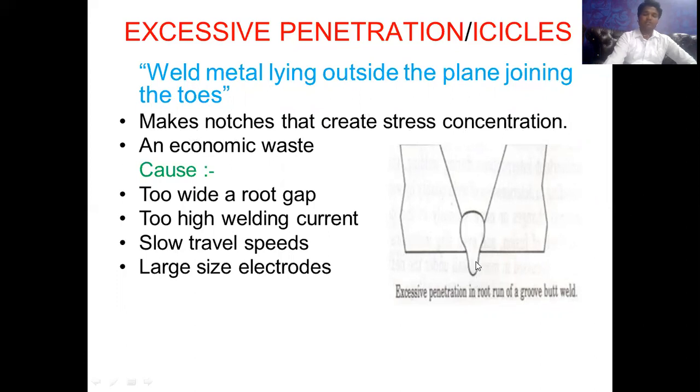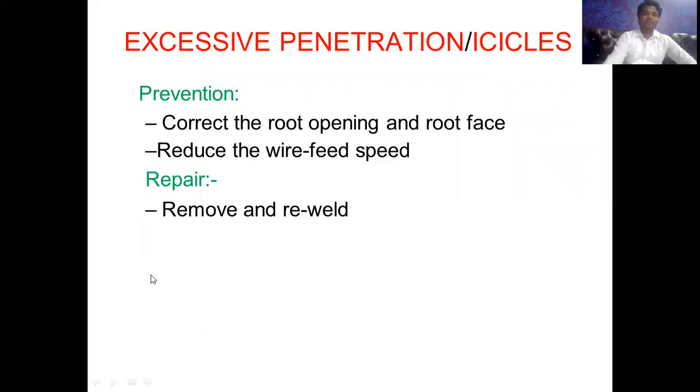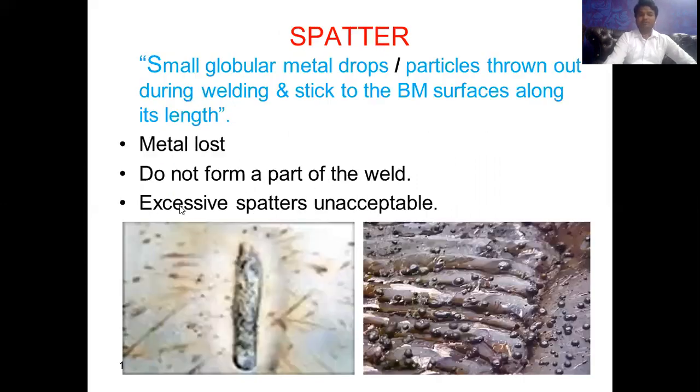We cannot waste the electrodes. Causes are a wide root gap, high welding current, slow travel speed, and large size electrodes. Preventions: correct the root opening and root face, and reduce the wire feed speed. Repair is to remove or re-weld.